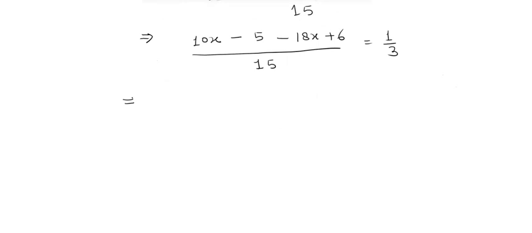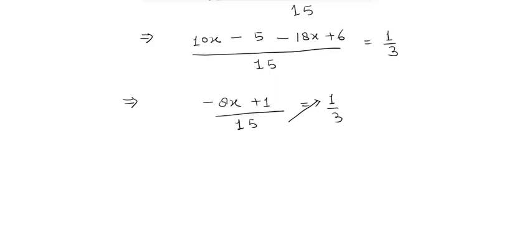Now you simplify, add and subtract like terms: 10x and minus 18x, so here we will get minus 8x, and minus 5 and plus 6, so plus 1, divided by 15 is equal to 1 by 3.